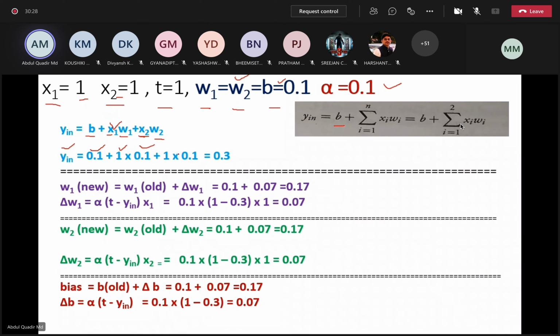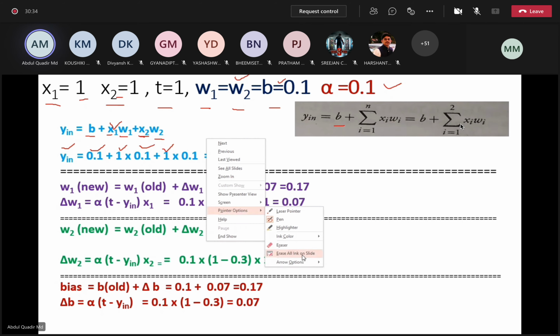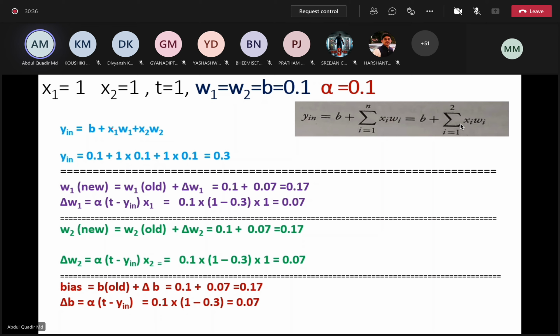X2 is 1. What is W2? 0.1. Now calculating it, can you see? When you do it, it is 0.3.